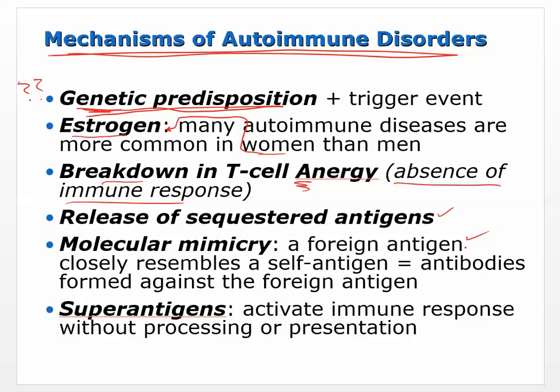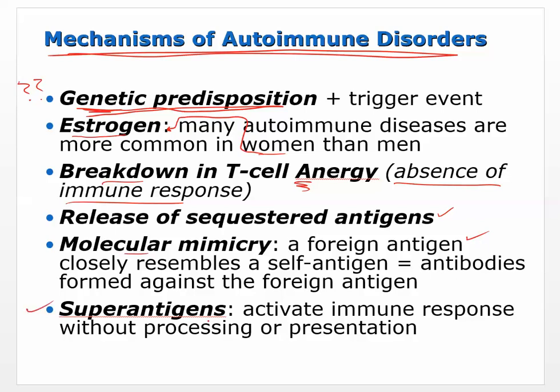The body fights against it, forms antibodies against the virus, and then that looks enough like some other antigen, some other protein in the body, that it starts to attack that protein as well. That's been implicated in things like type 1 diabetes, that maybe there's some foreign antigen that gets into the body that tricks those T cells into thinking that the beta cells are harmful. Okay, so that one's kind of interesting.